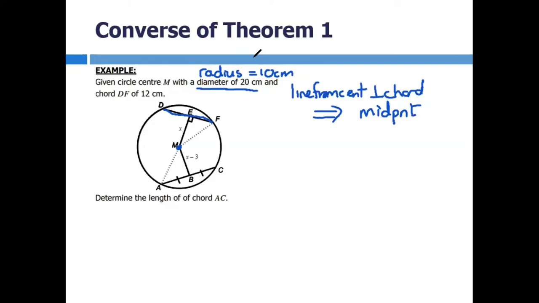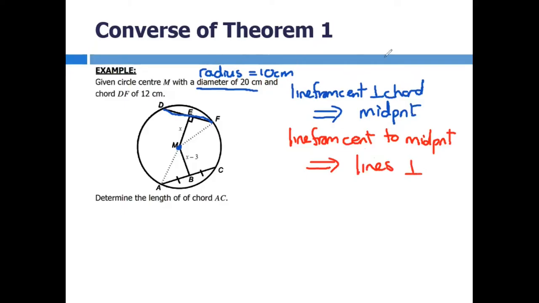And then the other thing that we've got is if we've got a line from center to the midpoint, if they've given us that, then I know that the lines are perpendicular. Okay, that's probably not the best way to write it. This will be better. Okay, that's what we know.